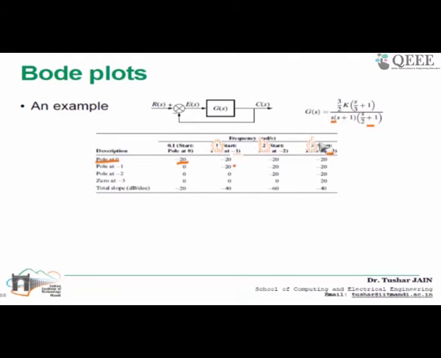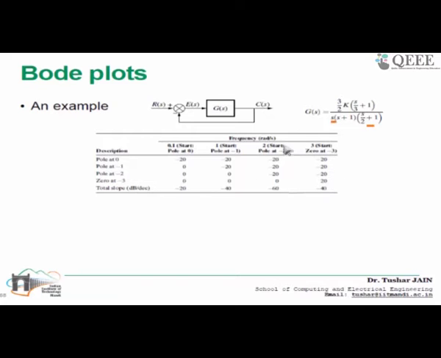It won't have any effect on the previous breakaway points. Similarly, the pole at -2 will start contributing at this location. The zero at -3 will start contributing from this point, but with a positive 20 dB.